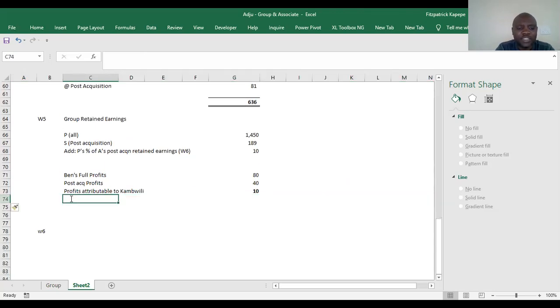So we know that we have Ben's dividend declaration, don't mind the spelling. So declared 20. But this 20, we know that this is full year.